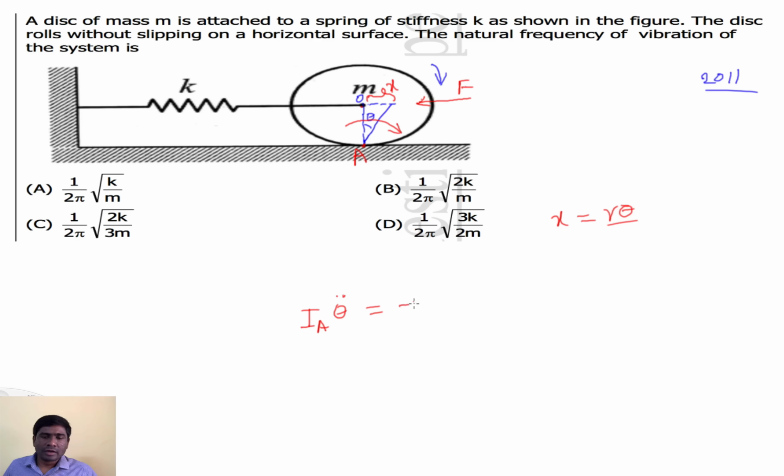So this is minus k into x, equal to r into theta, into the perpendicular distance from A, that is again r. And what is the IA? We know the moment of inertia of this disk passing through the point O, which is perpendicular to this screen that we are seeing. So that is IO equal to half into m r square.